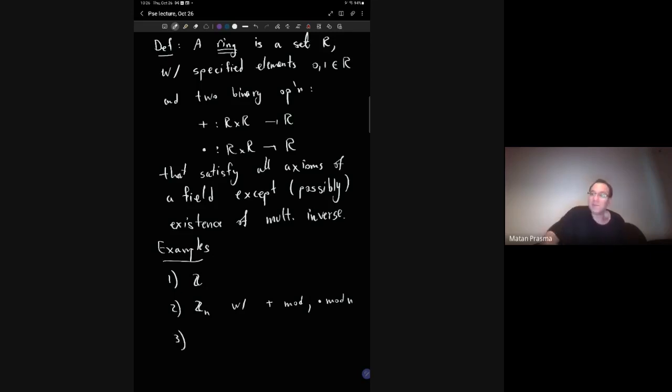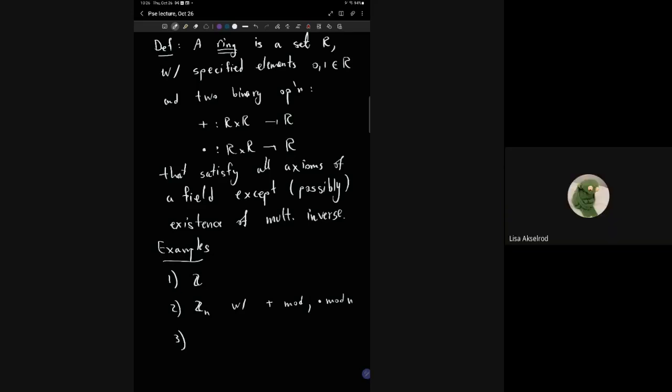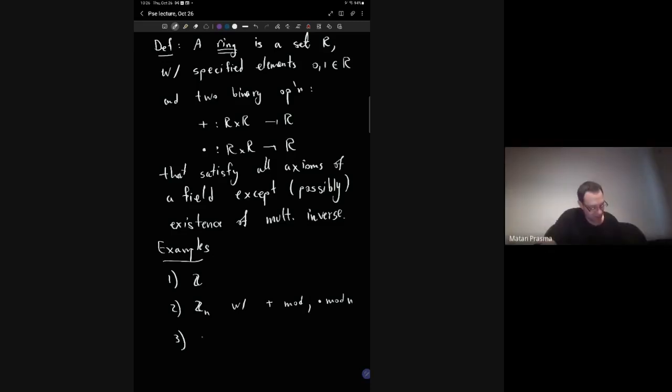Can you provide some intuition why it is useful for us to have something that is almost like a field, but without multiplicative inverse? Okay, so that would be the next example. If F is a field, then F[x], the polynomials over F, is a ring.